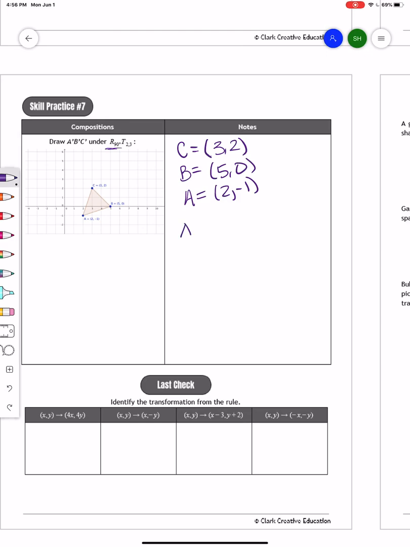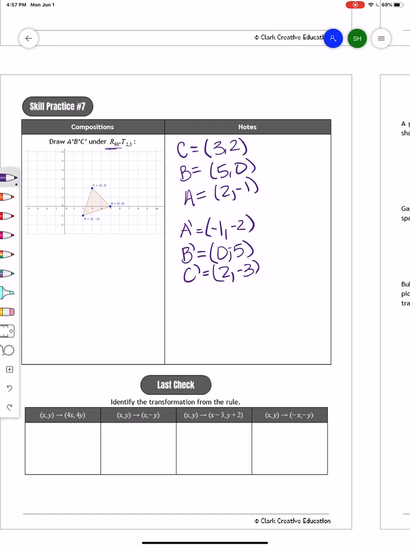So A prime would be negative 1, negative 2. X and y changed positions, and my x becomes negative. B prime would be 0, negative 5. And C prime would be 2, negative 3.